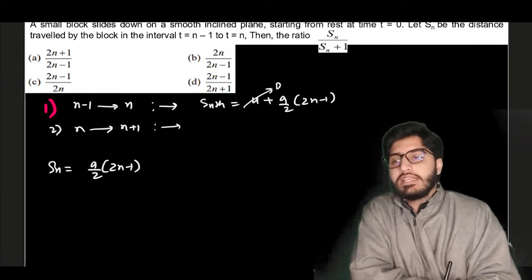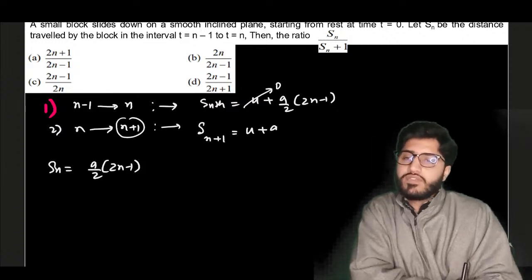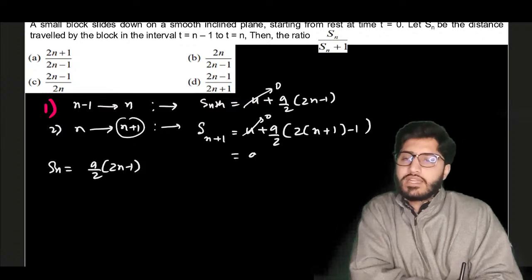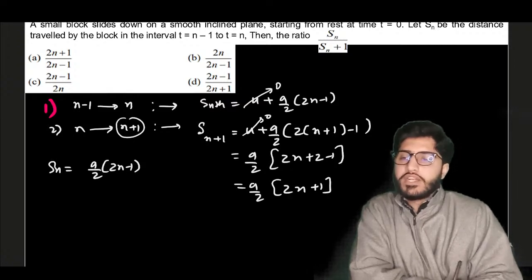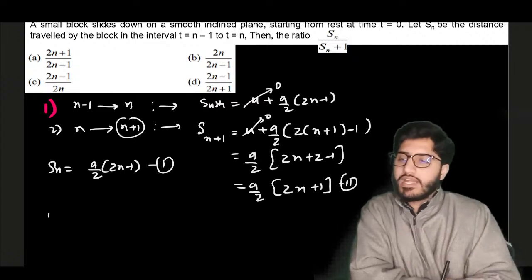Now, in the place of n, I have n plus 1. So what can I write now? It is u plus a by 2 into 2 times n plus 1 minus 1. u is 0, so I can write a by 2 into 2n plus 2 minus 1, that is a by 2 into 2n plus 1, right? So I need to take the ratio of these two equations.